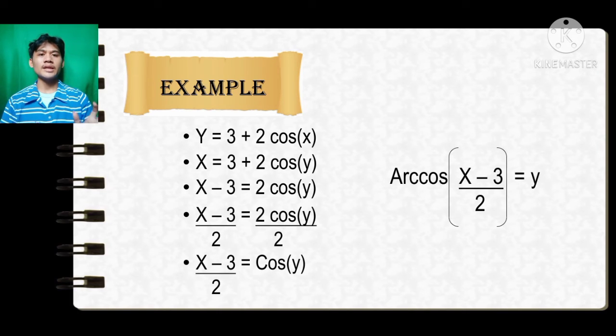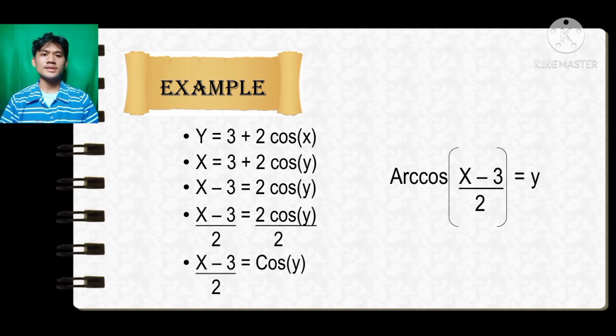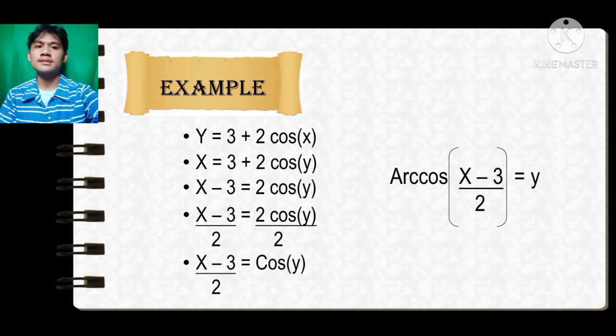But it doesn't end there. To find the exact value of y, since we are asked to find the inverse, we get arccos of (x - 3)/2 equals y, or cos raised to negative 1, the inverse cosine of (x - 3)/2. So that would be the inverse function of the given equation.